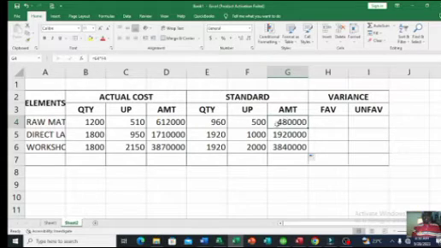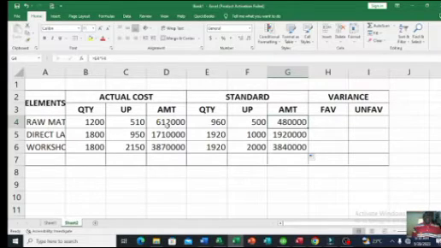Now, is it going to be favorable or unfavorable? The actual raw material that we consumed is 612,000.